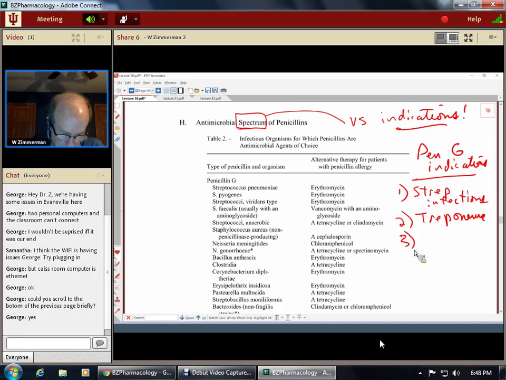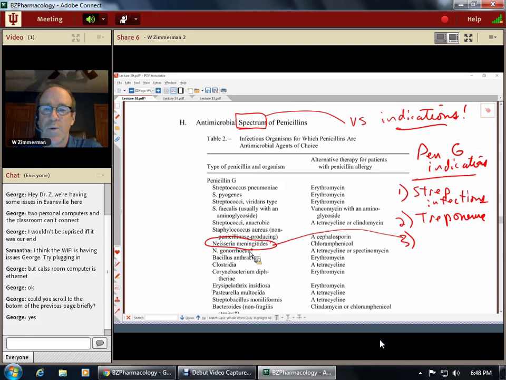Frequently, it gets used for Neisseria. The last one I'll put on here is Clostridia.